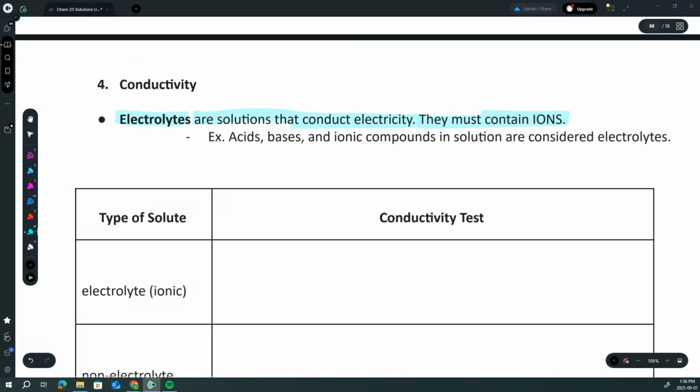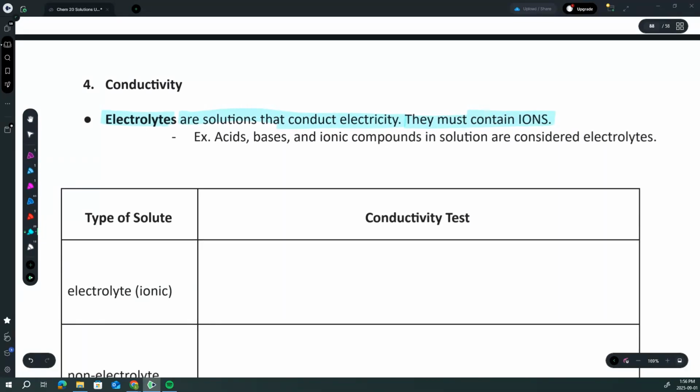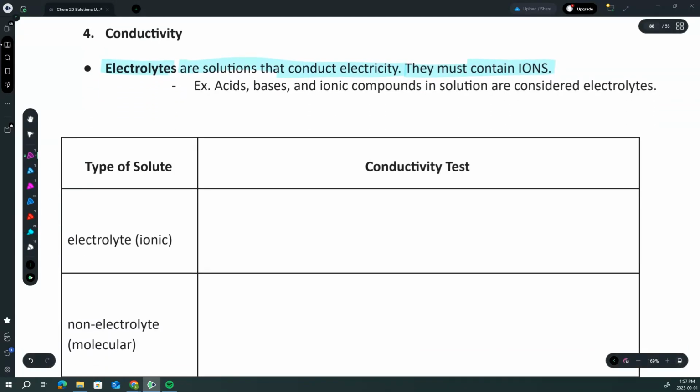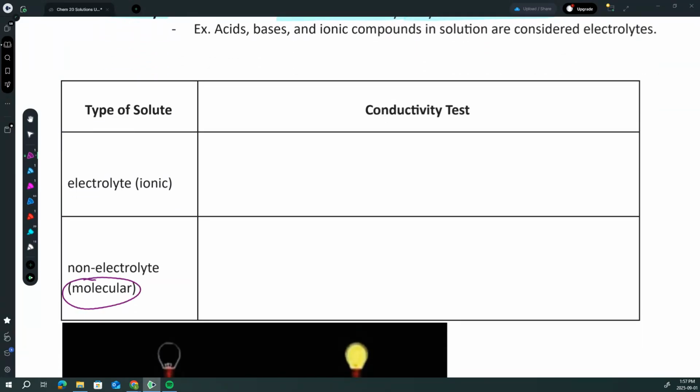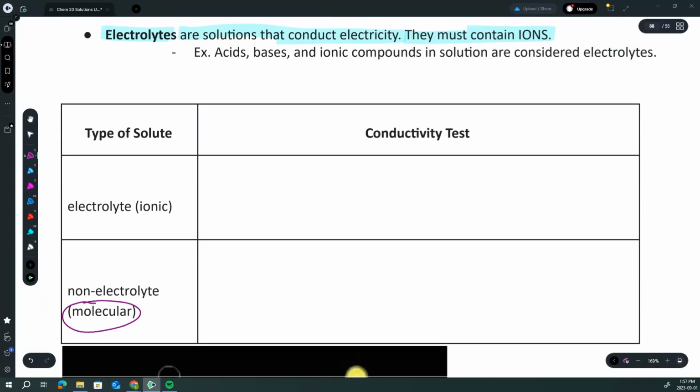Okay, so with electrolytic solutions, those are usually going to be your acids, your bases, and any ionic compounds that can dissolve in water. And non-electrolytic solutions, those are going to be your molecular compounds that are not acids.